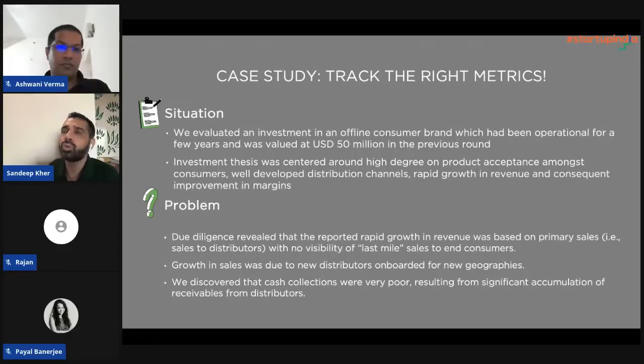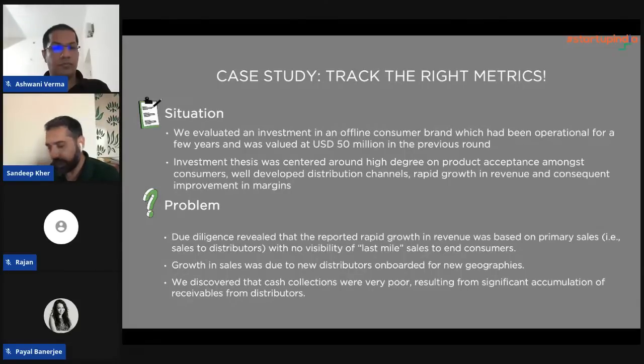Also, a lot of growth was attributed to new geographies and newer distributors. And because of the dumping, the other problem in the business was that there was a huge accumulation of debt. It was not clear to us how the company would be able to get the monies out from the long tail of distributors that it created over the journey.